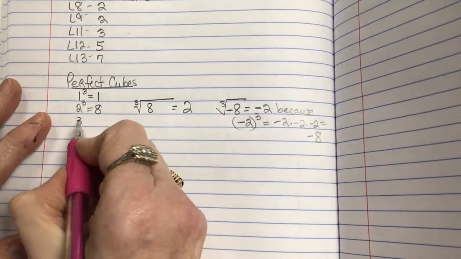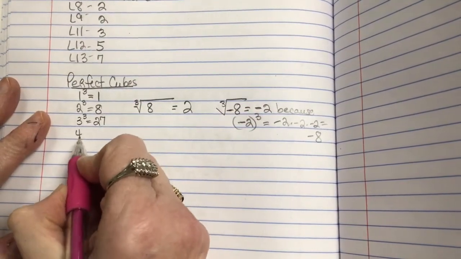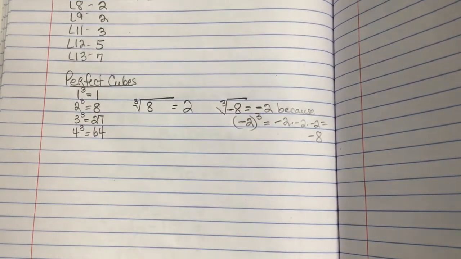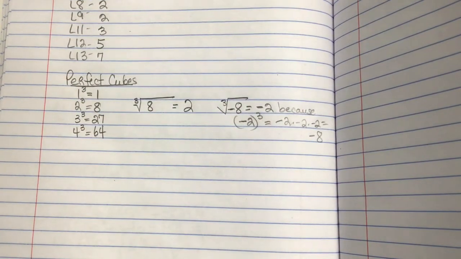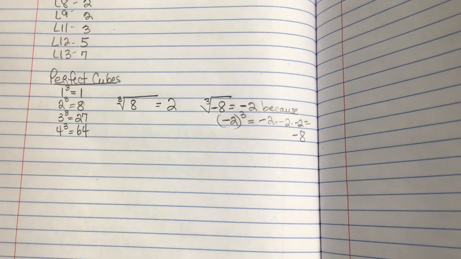3 cubed is 27. You need to know those 3. 4 cubed is kind of also a special one, because look, it's a perfect square and a perfect cube, and if I get a chance, I'll show you one that sometimes they throw at you and you're like, is it a perfect square? Is it a perfect cube? It's both, and you kind of have to take it in the context of the problem. X squared minus 64, x cubed minus 64.